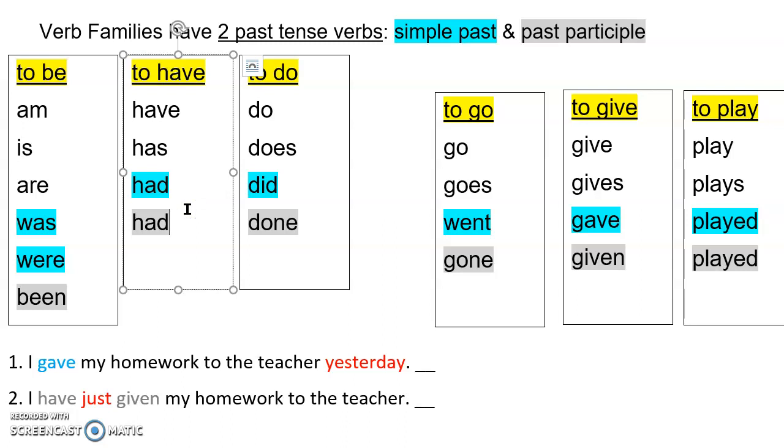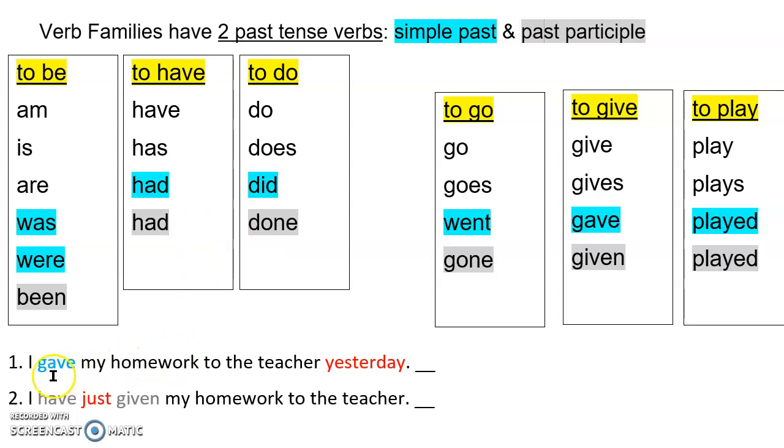But each of these verbs has another past verb called the past participle. We use the past participle in different types of past tense sentences.